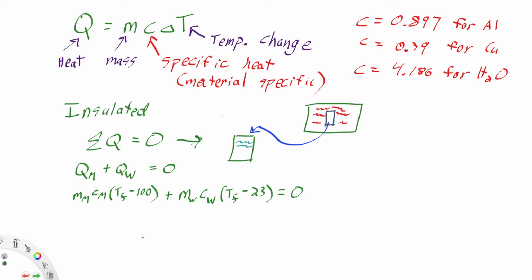Sometimes it's possible for the sign to reverse, as in for it to become positive if it warmed up instead of cooled down, if that makes sense. So if this is cooling, then this parenthetical term is going to be negative, and if it's heated, it's going to be positive. Yeah, thank you.